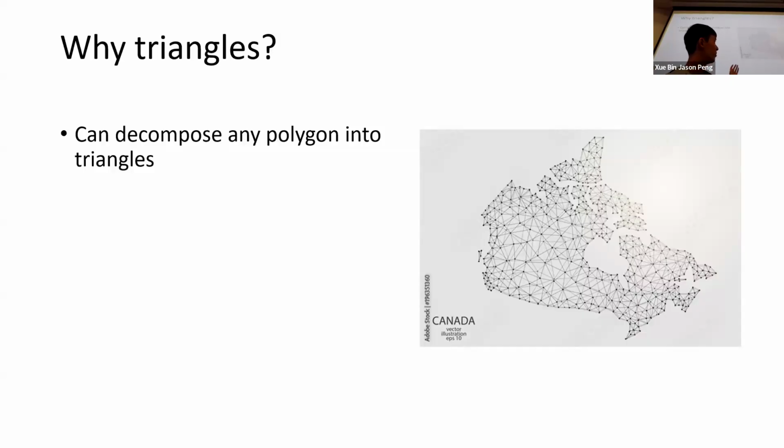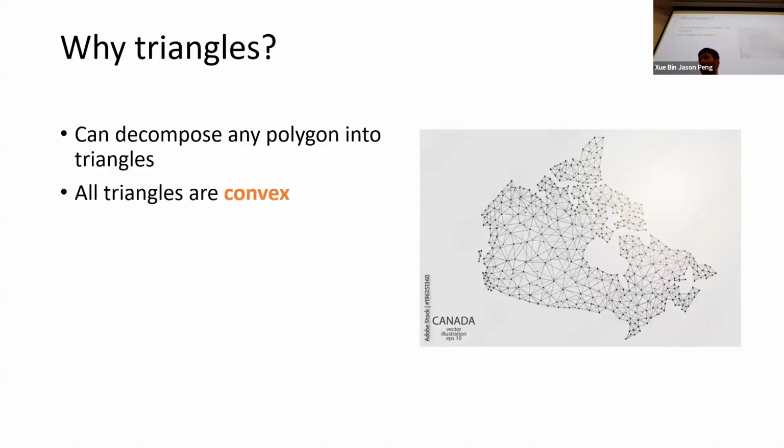In this case, the shape can be entirely represented by a collection of smaller triangles. We can take any complex polygon, and we can always decompose it into a simpler collection of triangles. Which means that any non-triangular mesh that we have can always be decomposed back down to a mesh that only contains triangles. So this is a really nice property of triangle meshes.